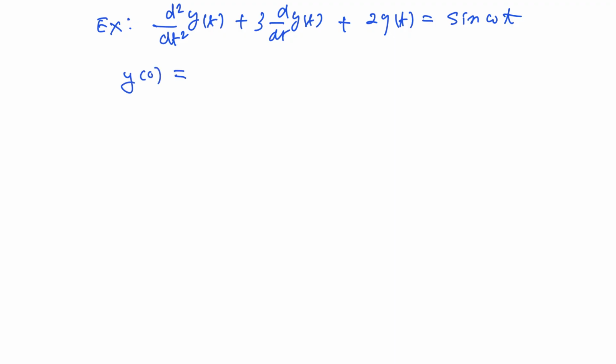Okay, you can decide the initial condition. y(0) is equal to? Okay, 0. How about y'(0)? Zero? Okay, it's good. That's a very good problem, right? If you have two initial conditions 0, that will simplify the solution quite a bit.